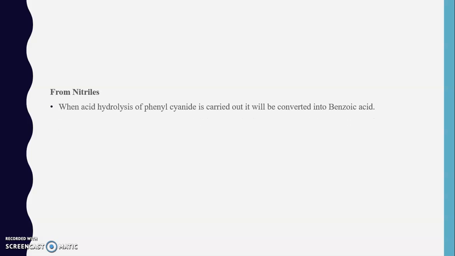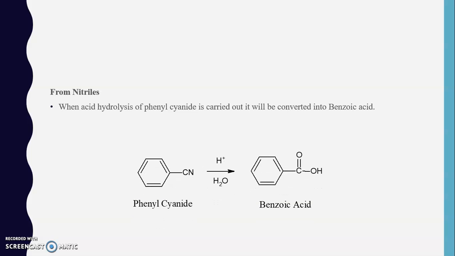These cyanides, when they undergo acid hydrolysis, are converted into the carboxylic acid functional group. So this is also one of the common methods. For example, here you can see phenyl cyanide, which is also known as benzonitrile.